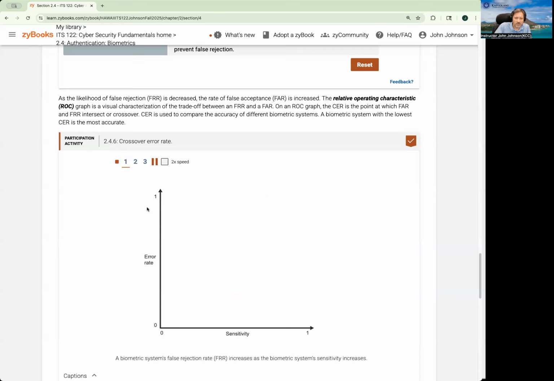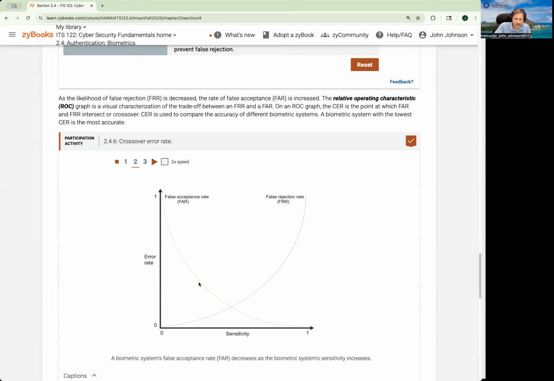So let's start looking at the animation here. We're seeing the false rejection rate here. The FRR increases as the biometric system sensitivity increases, okay? As it gets more sensitive, it's going to reject more. The false acceptance rate is going to go down as you increase your sensitivity.